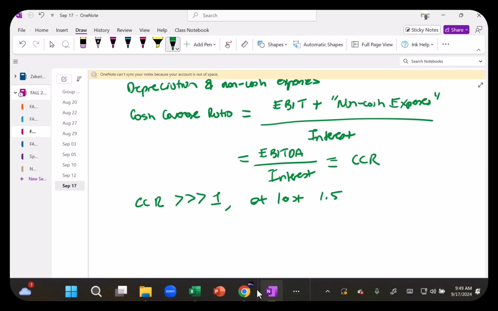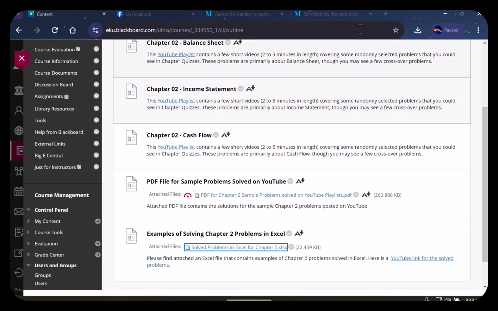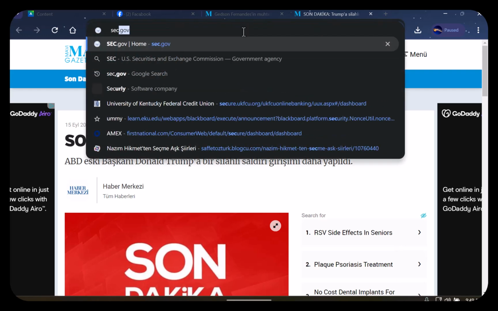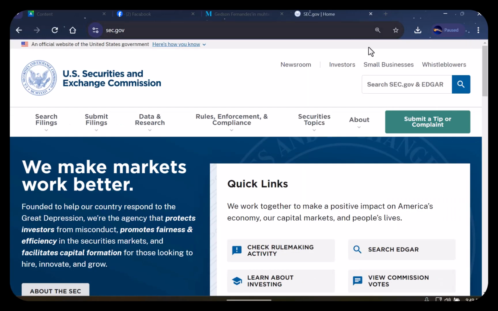For example, let's download financial statements for Netflix, a company that I know to have a lot of debt.